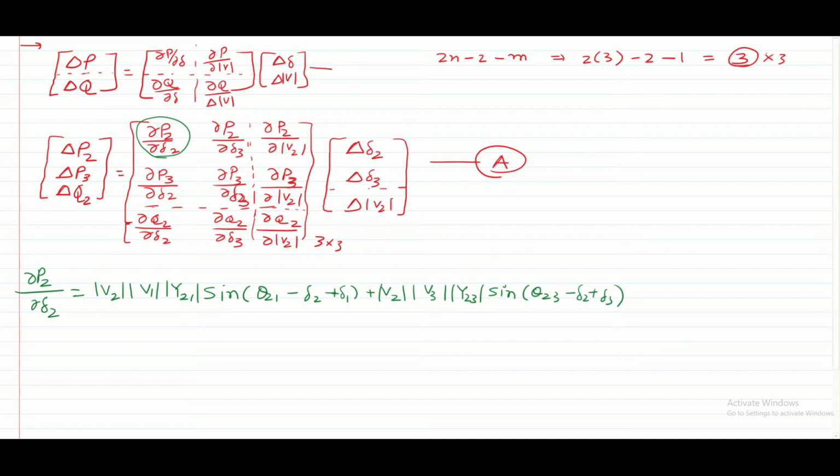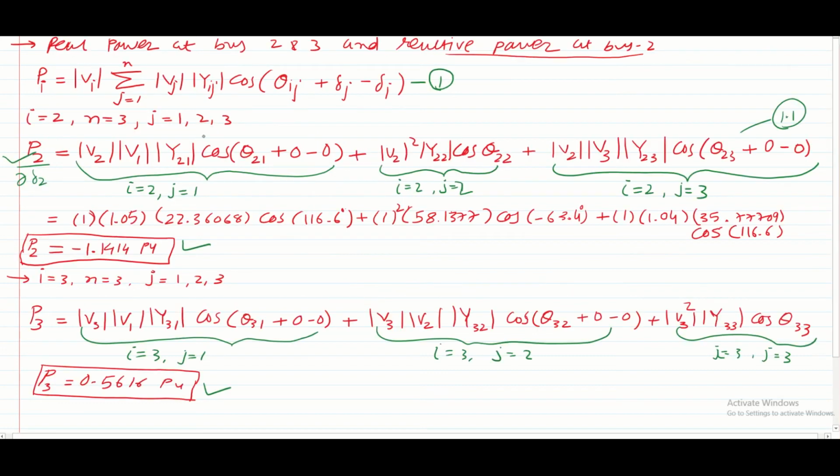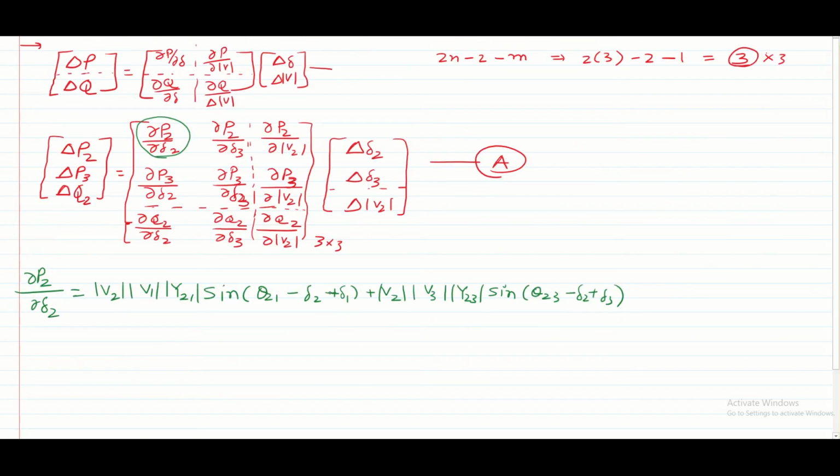Here this term will be cancelled because there is no value of delta 2 in this term, so it will become a 0. It represents a constant with respect to the differentiation of delta 2, so this will become a 0.